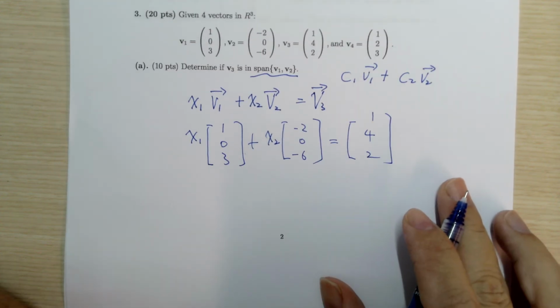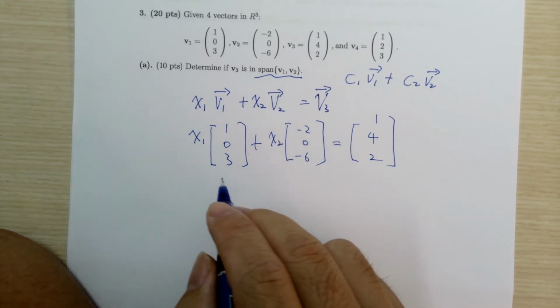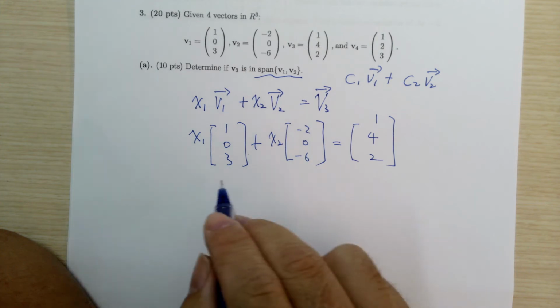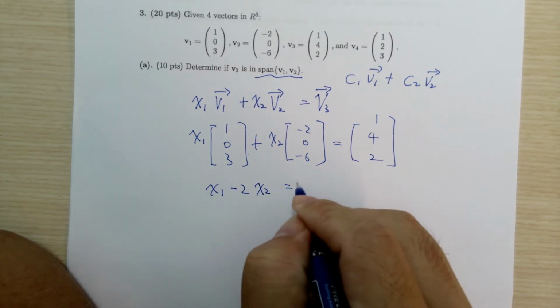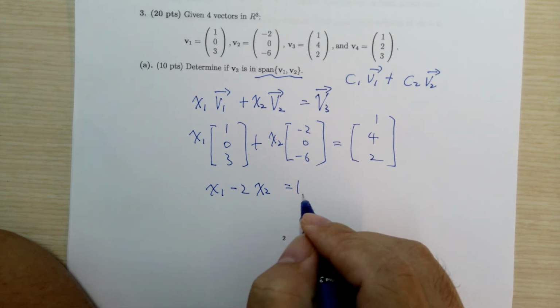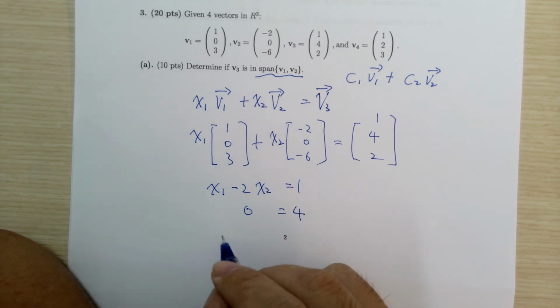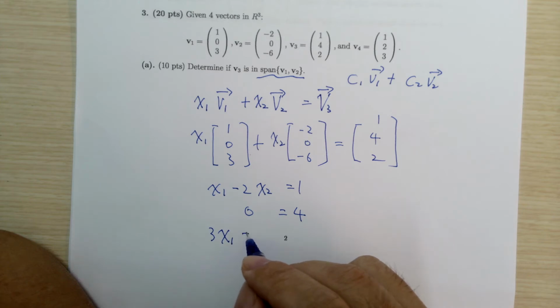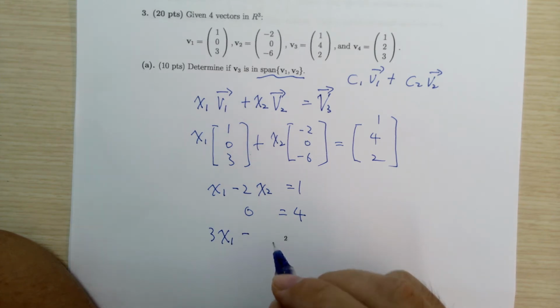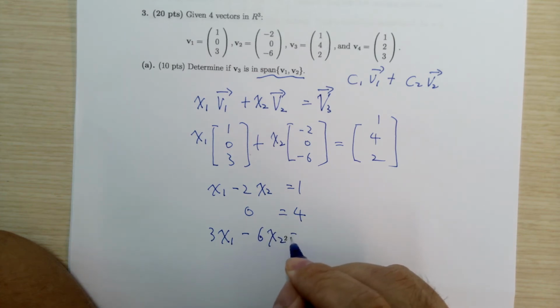Do you realize that the problem becomes, okay, help me to find if this works. It says x1 minus 2x2 equals 1, and then 0 equals 4, and 3x1 minus 6x2 equals 2.